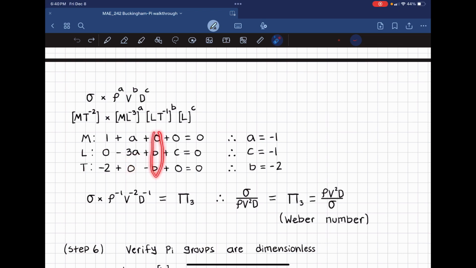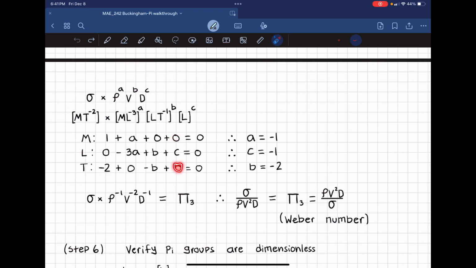Next up is going to be our jet speed term V. We do not have an M term here, so that's 0. We do have an L term, it's L to the power 1, so we're going to write that as plus B. And we do have a T term to the minus 1, so that's going to be minus B. And then finally, the diameter capital D is going to be L to the C here, so we don't have an M term, that's 0.